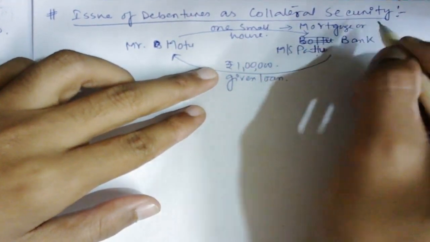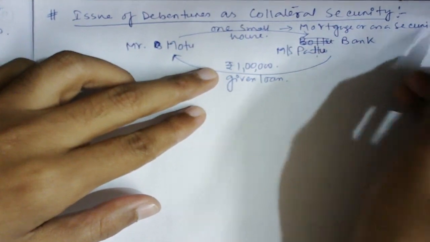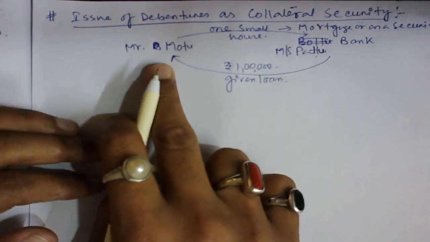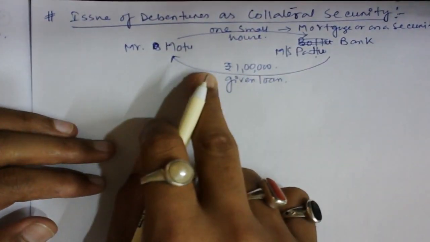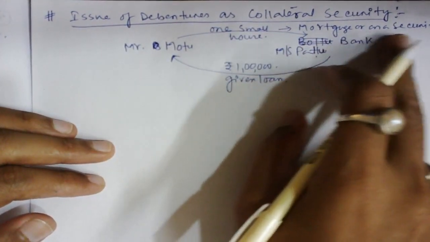So Mr. Motu took a loan of rupees 1 lakh from Patlu Bank, and Mr. Motu gives a small house as a mortgage or as a security to the bank.